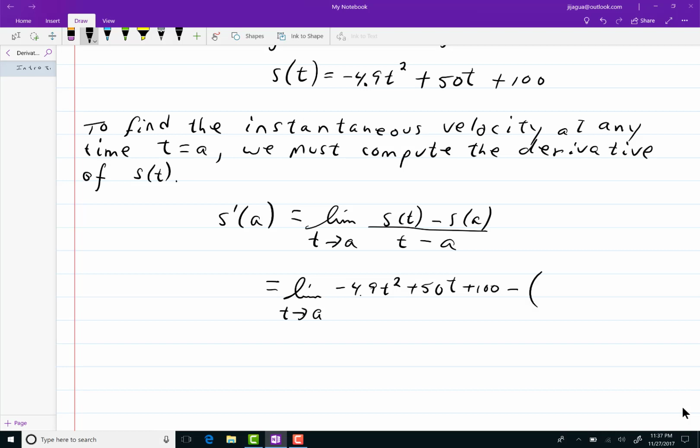Don't forget to put in parentheses or you'll get the signs all messed up. Negative 4.9 a squared plus 50a plus 100. All of this is over t minus a.